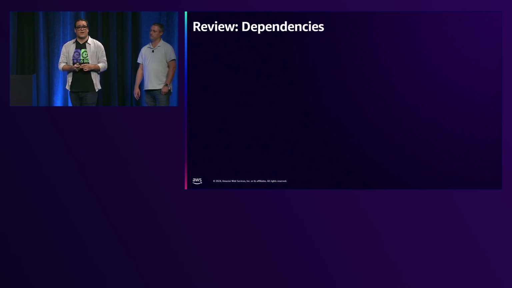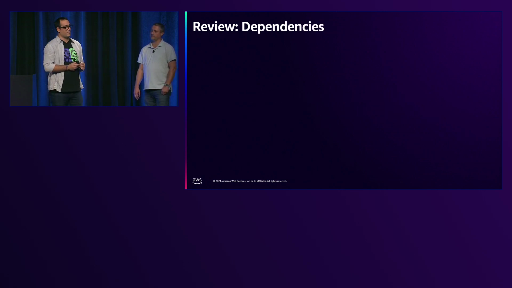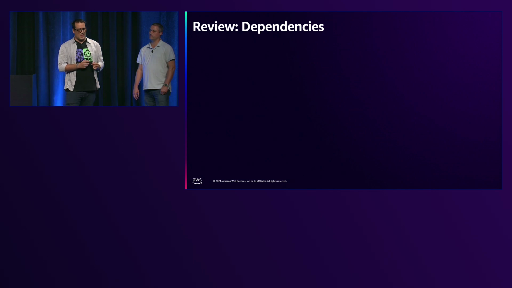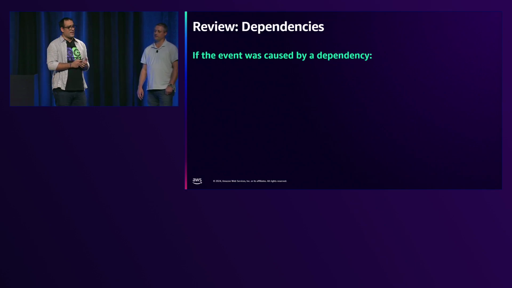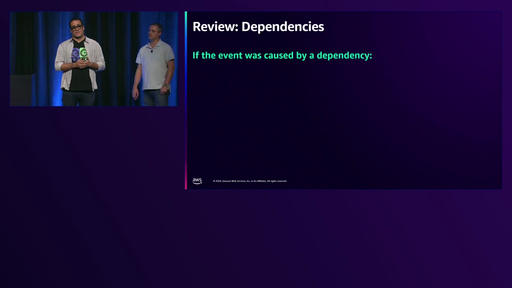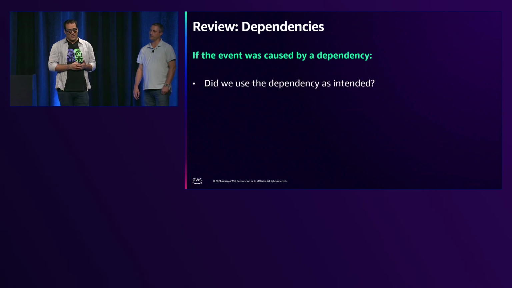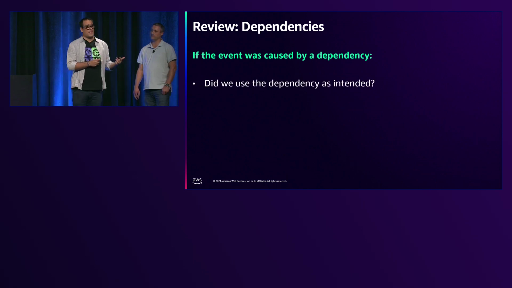The second area where we invest a good amount of time is dependencies. So internal or external interdependencies between systems are really common. And if an event was caused by a dependency of the service we are running and not by our own service, we tend to ask, first, did we use the dependency as intended?